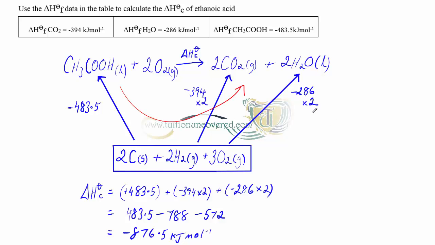This brings us to another formula you may have seen in your own notes, where if you're using formation data, the enthalpy you're trying to work out for the direct route is equal to the sum of the enthalpy formation changes of your products minus the sum of the enthalpy data of formation of your reactants, which is simply just that data as it is minus that data, the formation of your reactants.